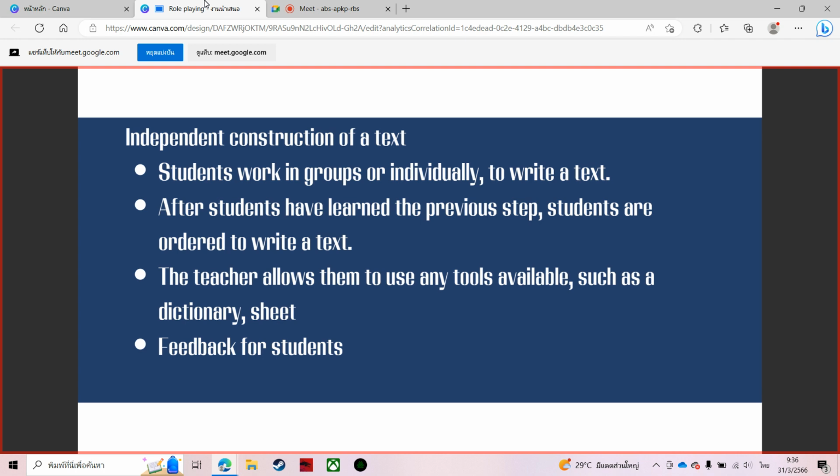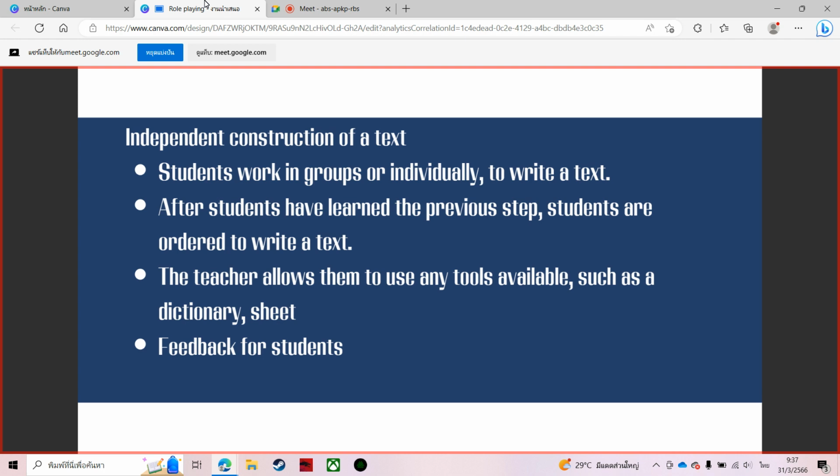It's about you. And the next is the teacher allows them to use any tools available, such as a dictionary. This is really important too, because if students are confused, they will search for some words in the dictionary and they will use them in writing and memorize them.